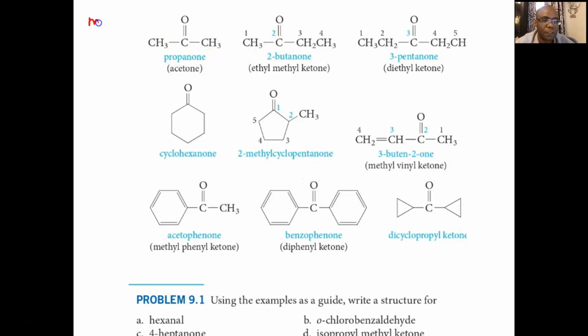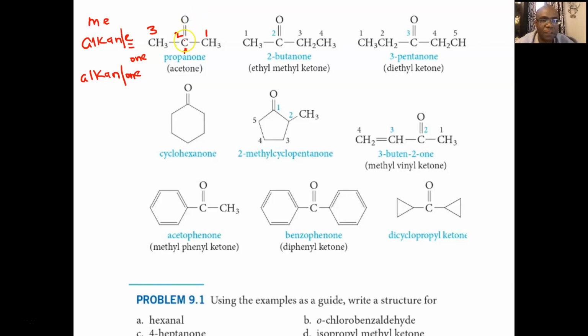For ketones, you take your alkane name and replace the E with ONE. So it will be alkanone. For example, here you have 1, 2, 3. We don't start numbering on the carbonyl because it's right in the middle of the molecule. We just have to make sure that the number given to the carbon is the least possible, numbering from right or left.